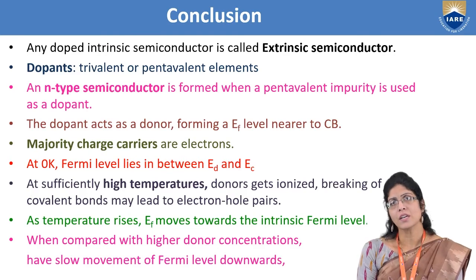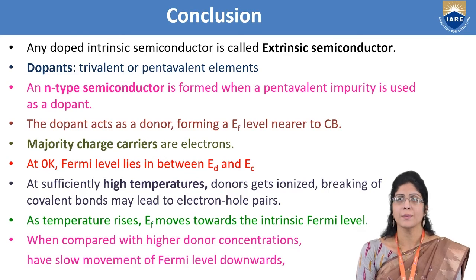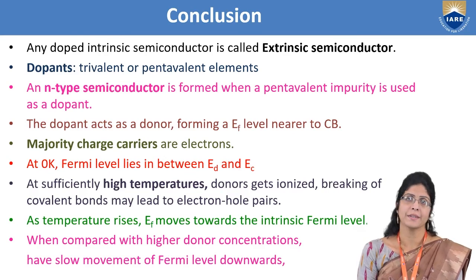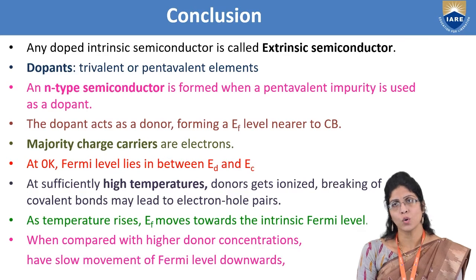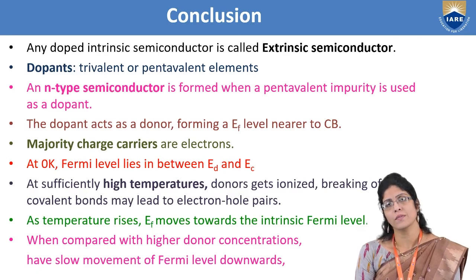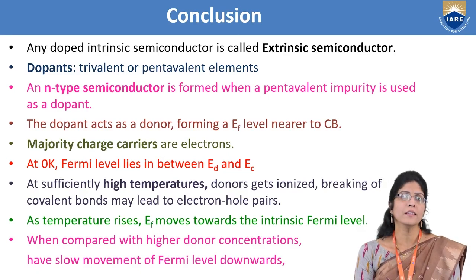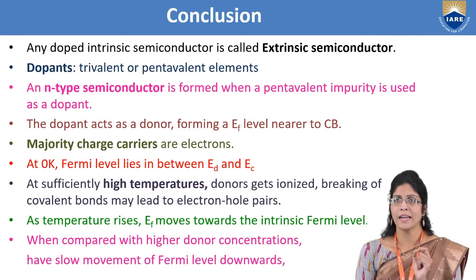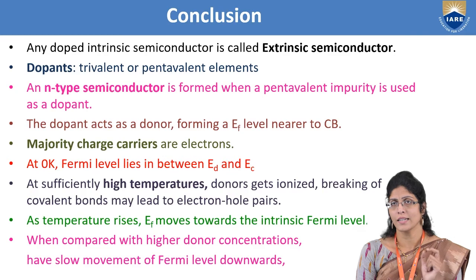At present we are discussing N-type semiconductors, where a pentavalent impurity is taken as a dopant. This dopant will act as a donor because it has one valence electron which is dangling in the lattice. This dangling electron will take whatever energy you give, and it will help the intrinsic semiconductor to conduct.